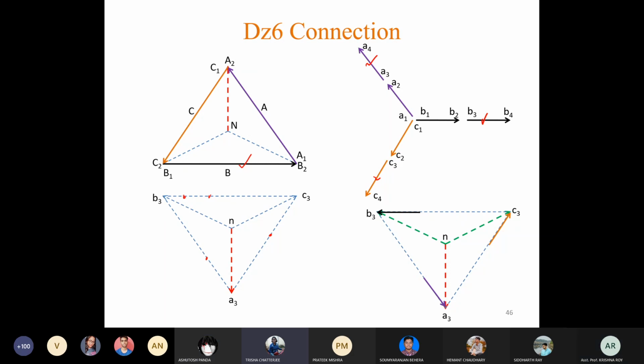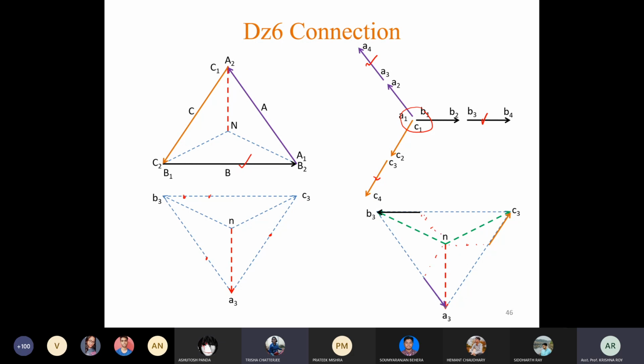Now these three phasors, where to draw them? One phasor we require here, another here, another here. Sir, B1 will be at neutral and B2 will be C4. All the one terminals will be shorted.